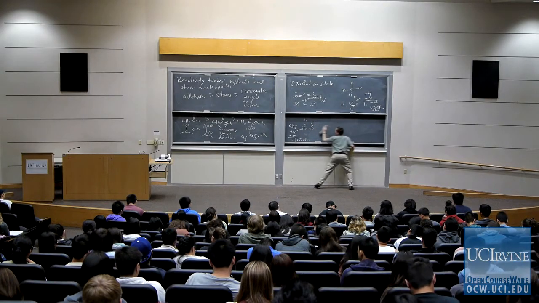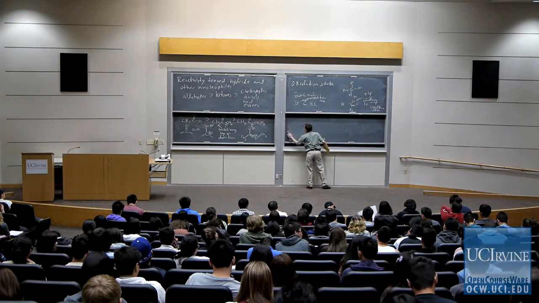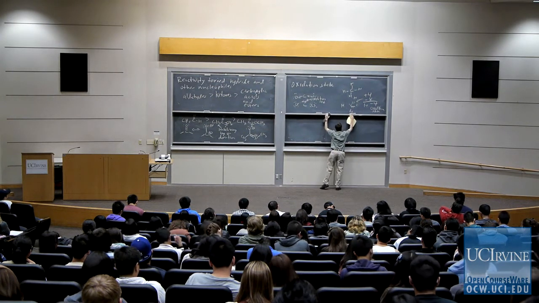All right, I want to bring up a concept that was asked about at the beginning, and I promised to get to it at the end. And that was the concept of stereochemistry.